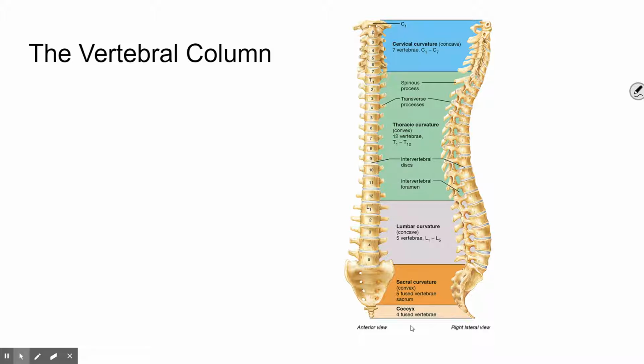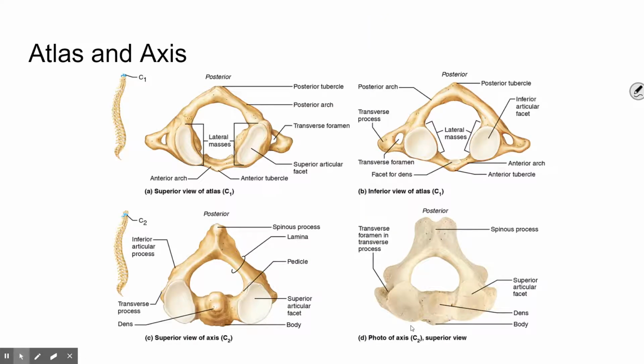A couple things in particular about the cervical vertebra that I want to make comment on are C1 and C2. C1 is known as the atlas, and you can see that there. The atlas allows for the nodding of the head, like your head going forward and backwards.